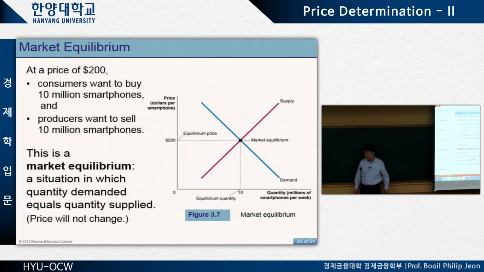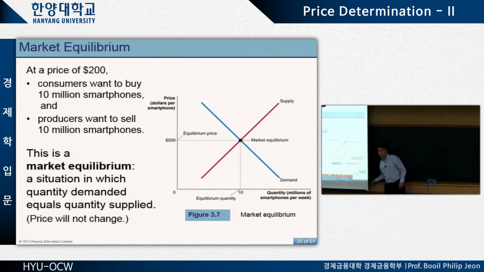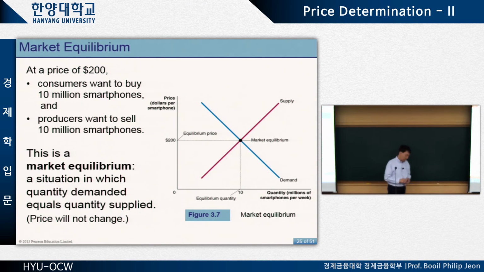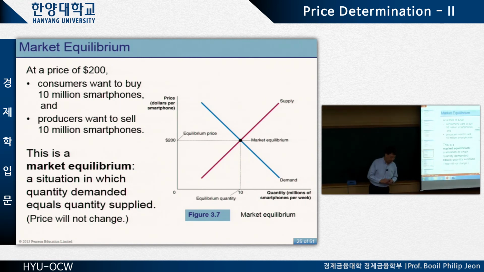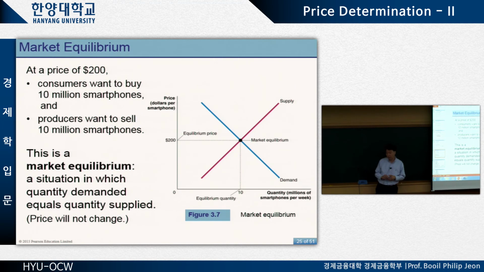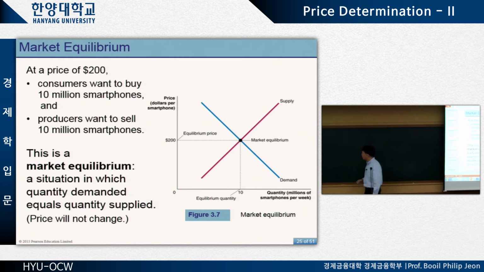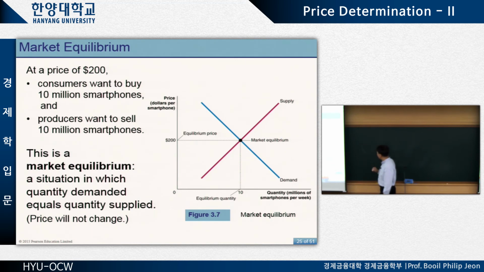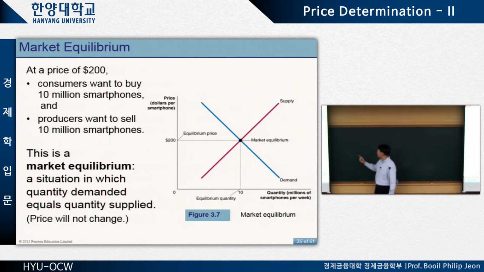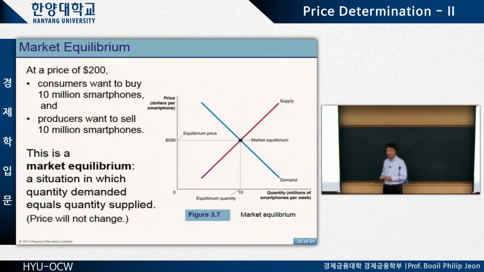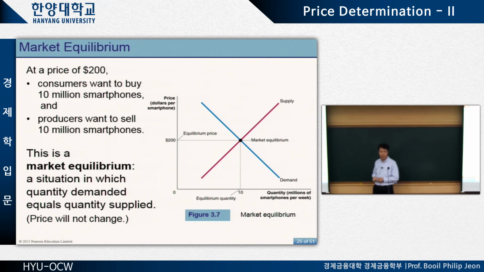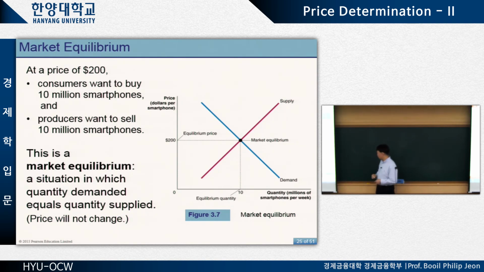Economics is a social science, and we use the same definition of equilibrium as they use in natural science, like physics, chemistry, or biology. In physics, they use this example: here's a salad bowl, and you drop a small golf ball inside the bowl.